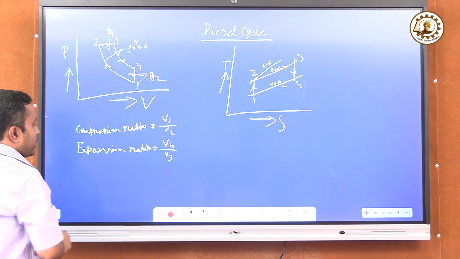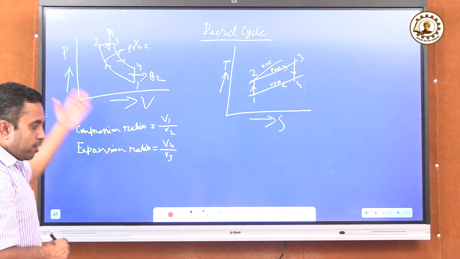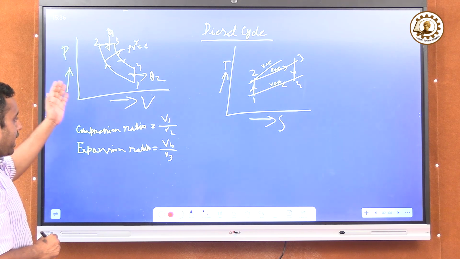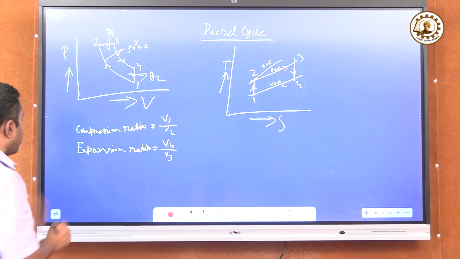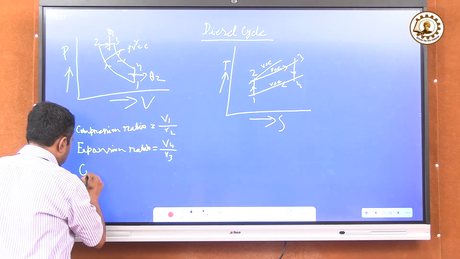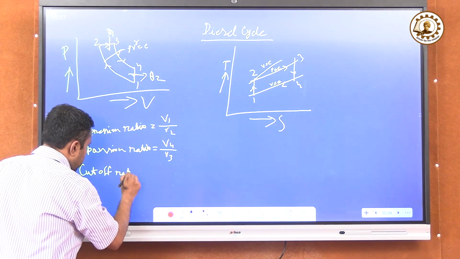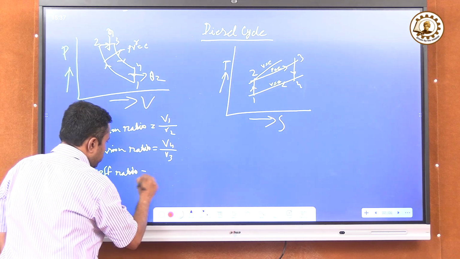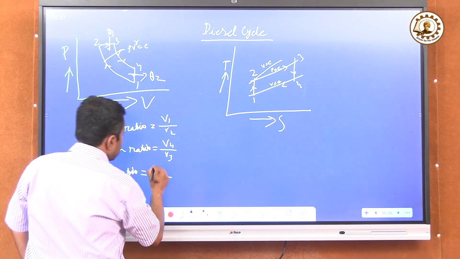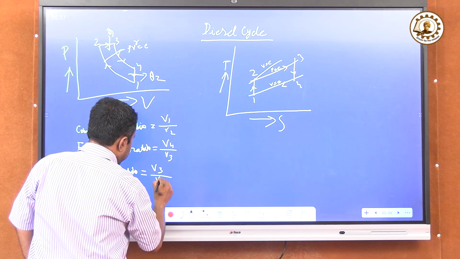Another thing is the cut-off ratio, that means the volume at the end of the combustion by the volume at the start of the combustion, which is nothing but V3 by V2.